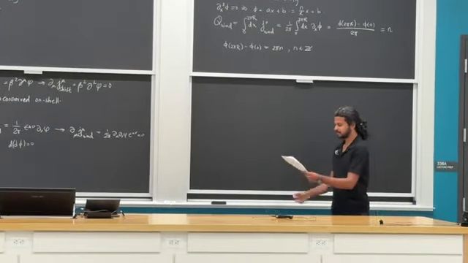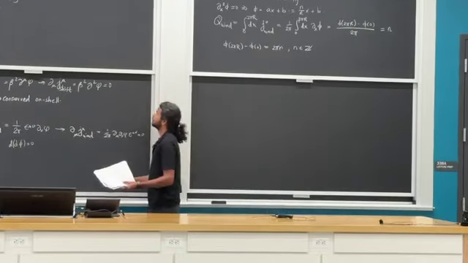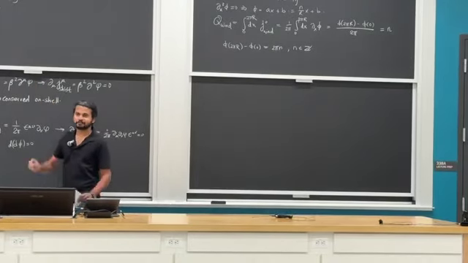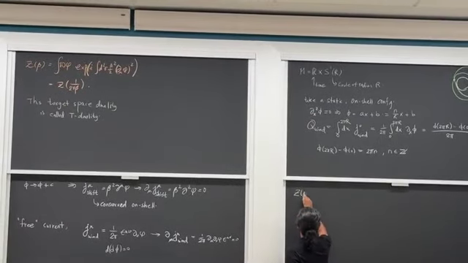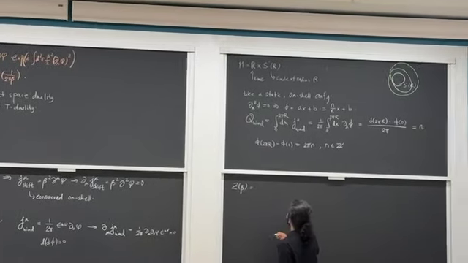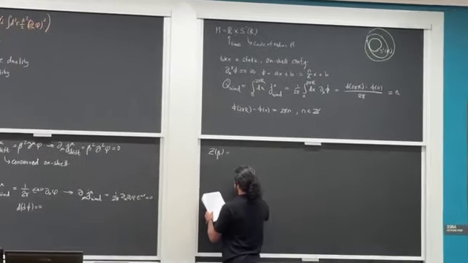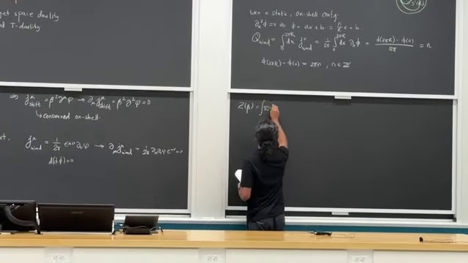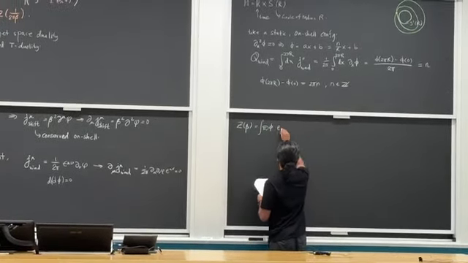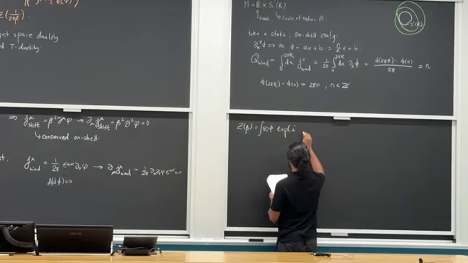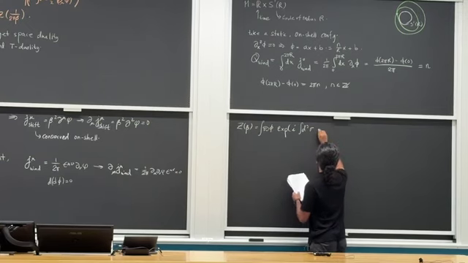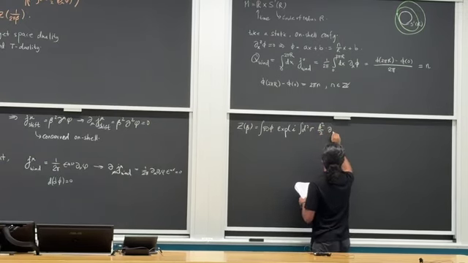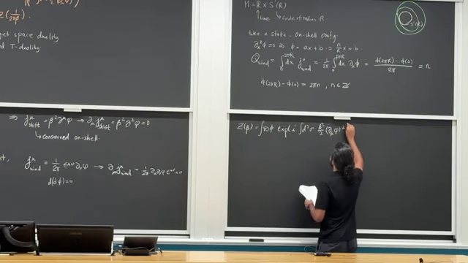All right, now let's try to derive that. So start with the partition function, that's the integral of d phi, exponential i 2 sigma e squared by 2 e mu phi squared.